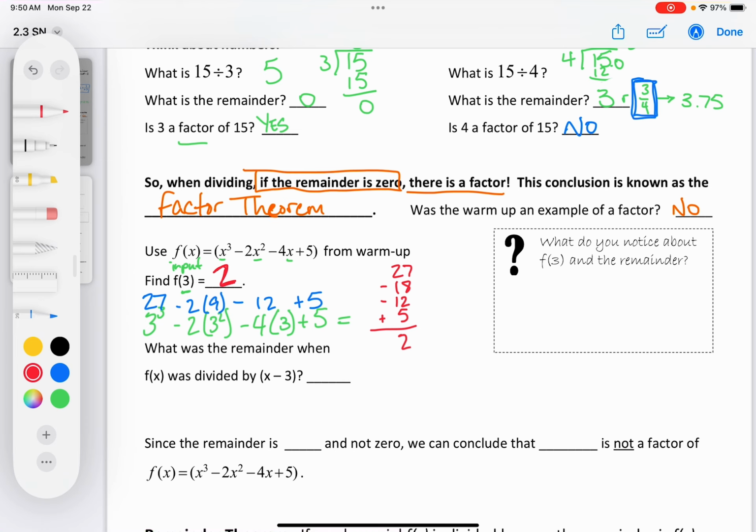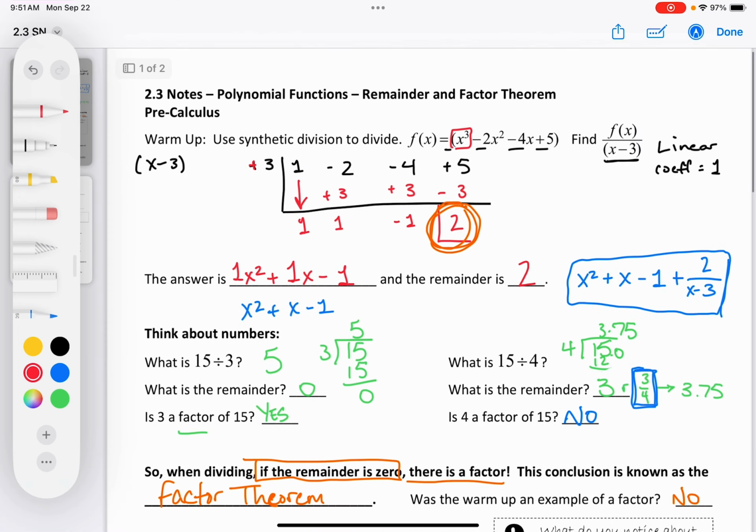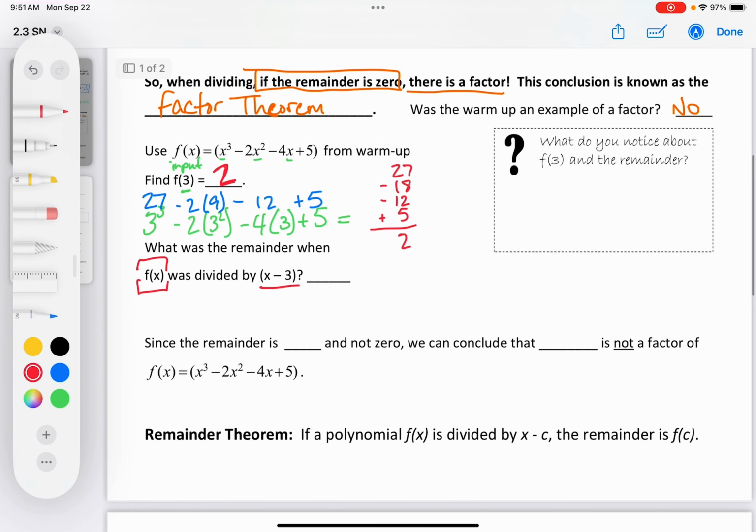And we're making some connections here because if we look back, it says, what was the remainder when f of x, the original function, was divided by x minus 3? So if we go up to our warm-up, we had f of x, we divided it by x minus 3. What did we get as our remainder? 2. So when we plugged in a 3, we got out a 2.